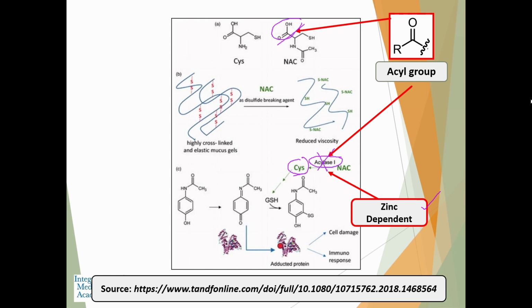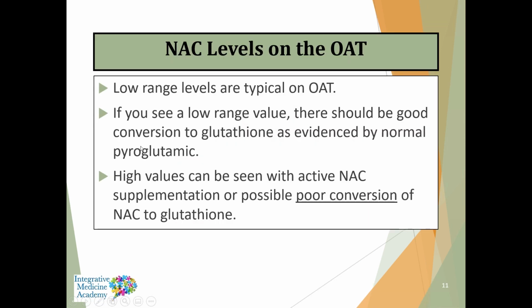Now, in this particular scenario, that would be quite rare. And certainly being zinc dependent, a zinc deficiency might compromise it. Fortunately, we don't see N-acetylcysteine elevated on the organic acid test all that often, but it's important to be aware of some of the reasons why it could be high.